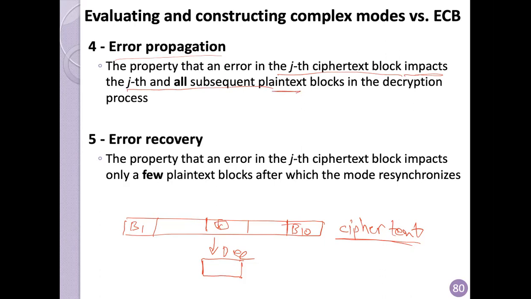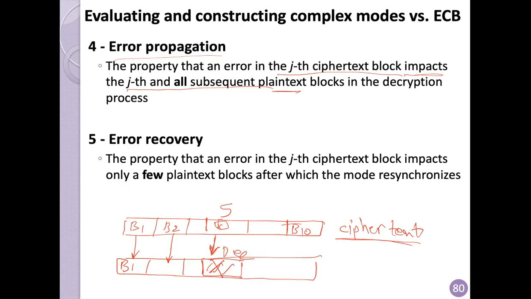So if this is block number 5 and I'm decrypting, in the decryption process, of course, block number 1 can be decrypted properly because block number 1 is okay. Block number 2 can be decrypted properly.